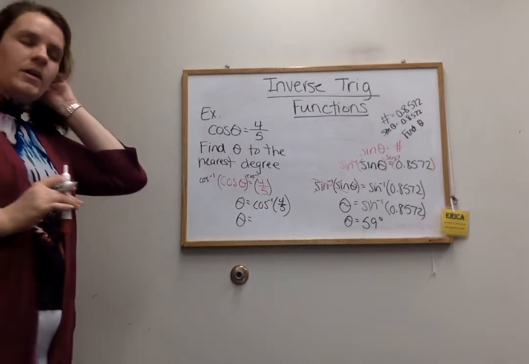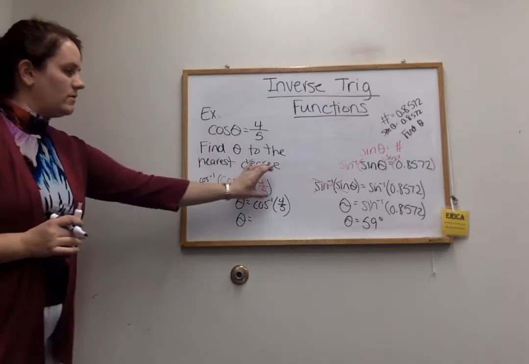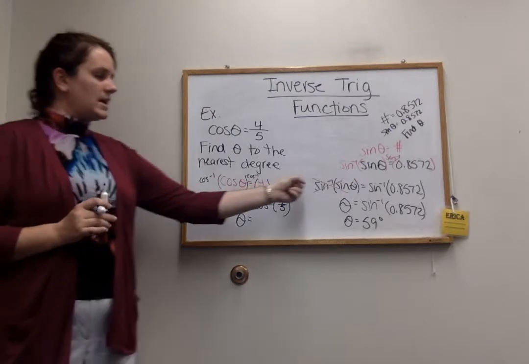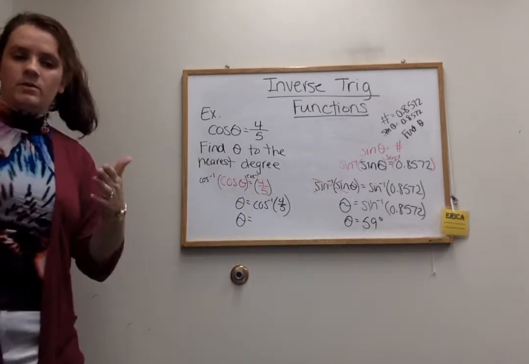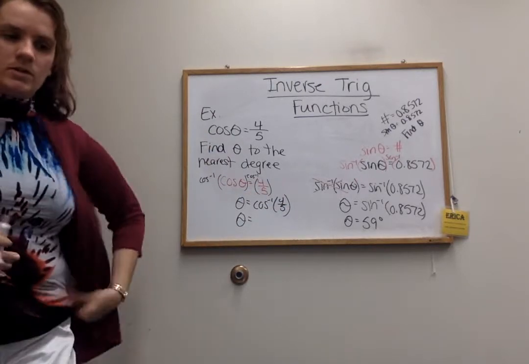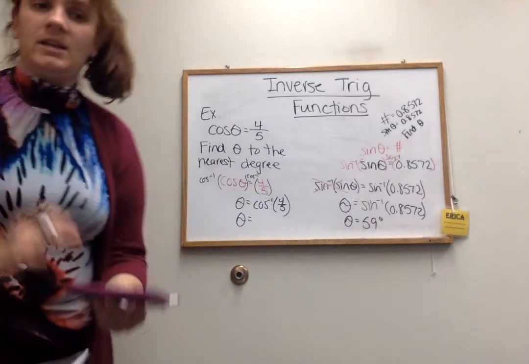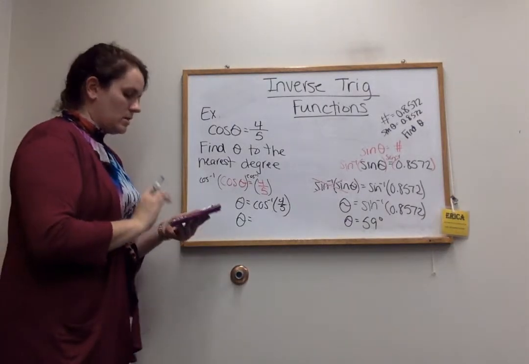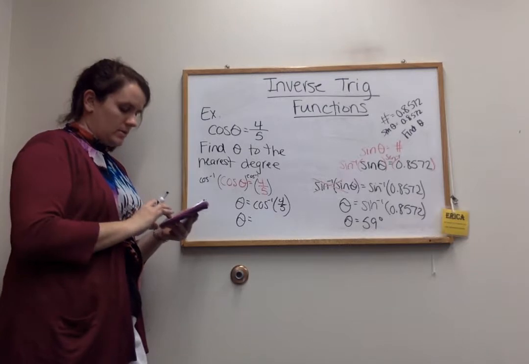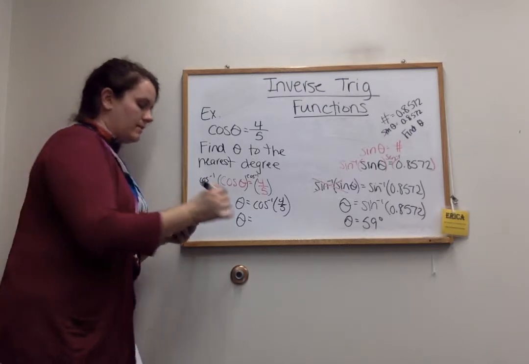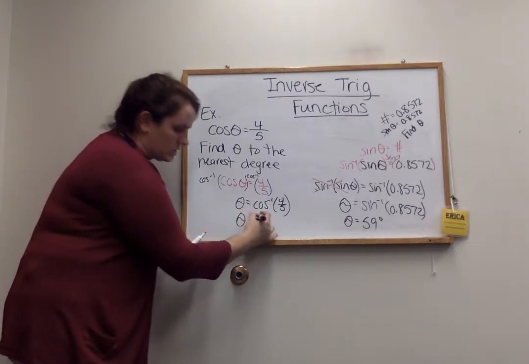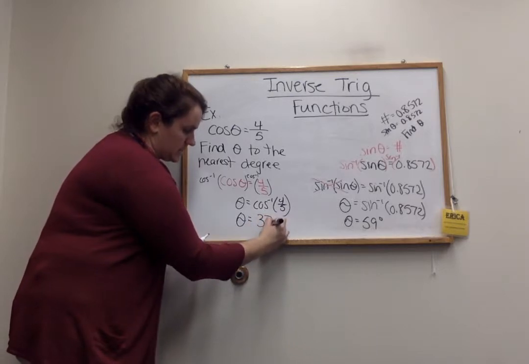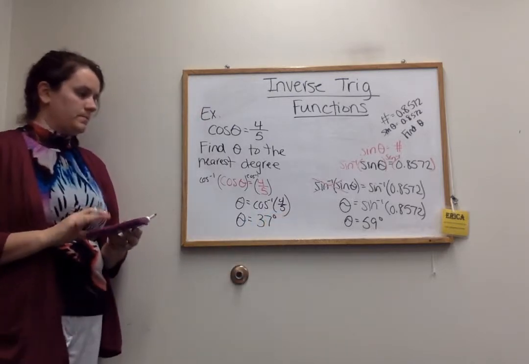In class so far when we've done this, I've kind of skipped over this entire step, this idea of taking the sine inverse or the cosine inverse or the tangent inverse of both sides, but in reality that's what we are doing. Okay, and then I can take the cosine inverse of 4/5 and find that my theta to the nearest degree is going to be 37 degrees.